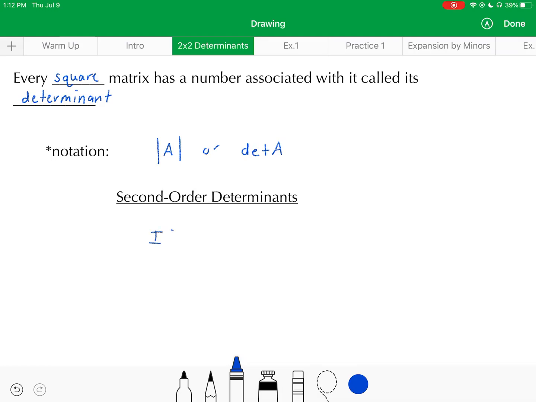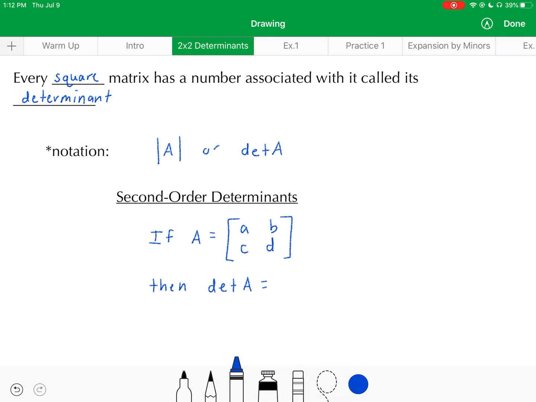So let's say we're working with matrix A, and it has the following four elements, A, B, C, D, all right? Then the determinant for matrix A can be found by the following calculations.